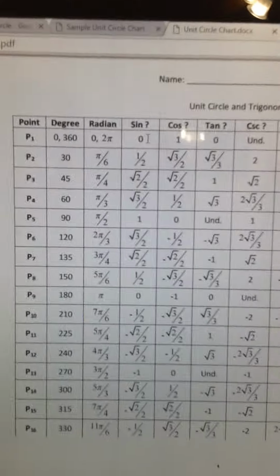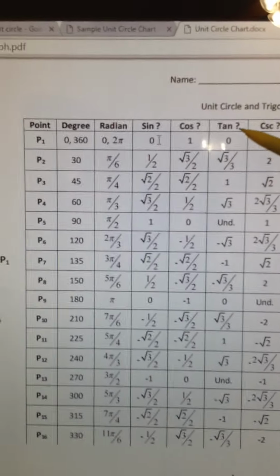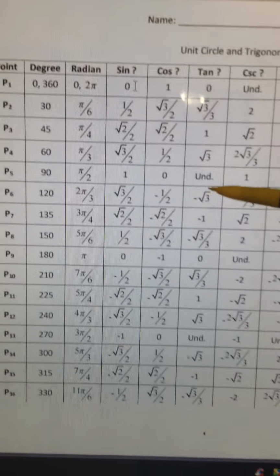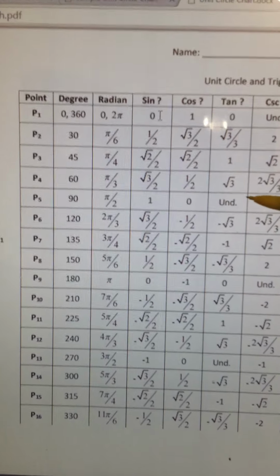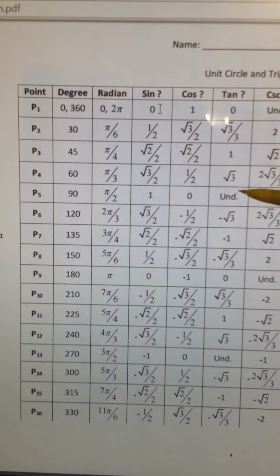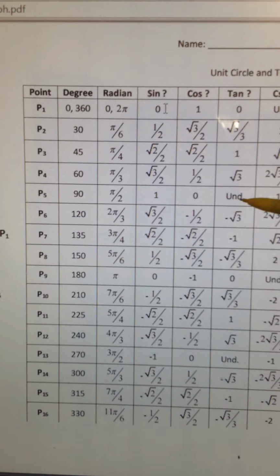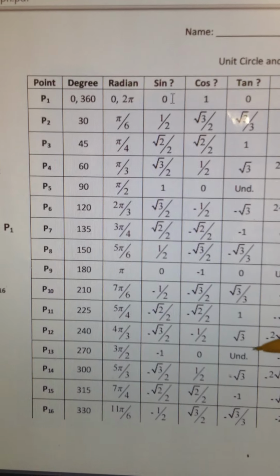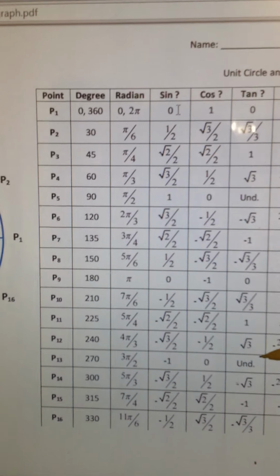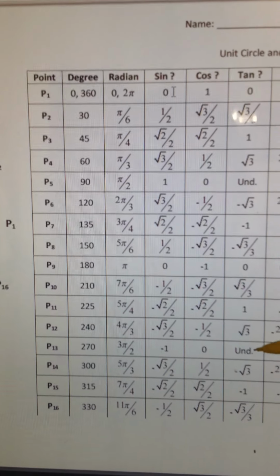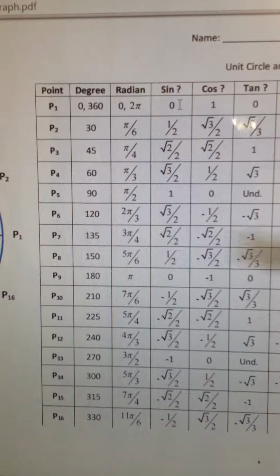Okay, so when you look at the degrees over here, here's tangent, 0, 0, and then over here you get 90 degrees as undefined, and 270 degrees, or 3 pi over 2, as undefined also, because tangent is y over x.